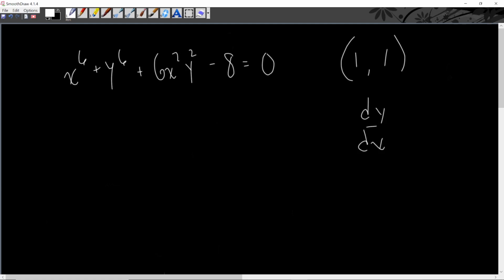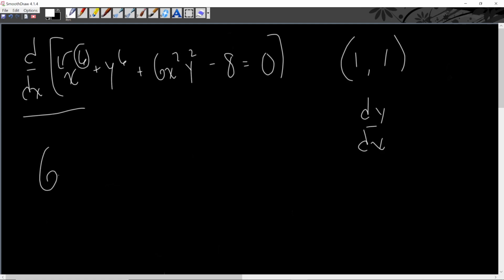Okay, so from here we're going to have to differentiate both sides with respect to x. So let's do x to the power of 6 first. We bring that 6 to the front, and then we have 6 minus 1, so 5.